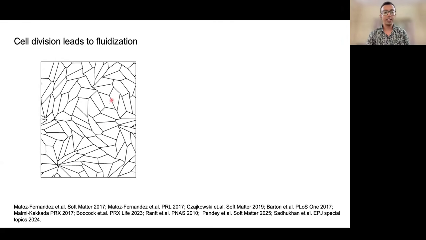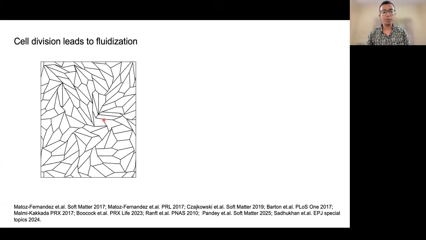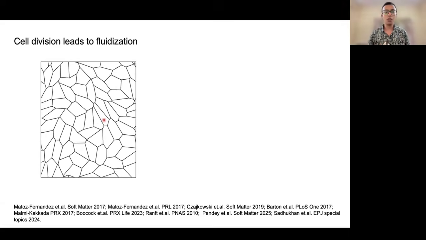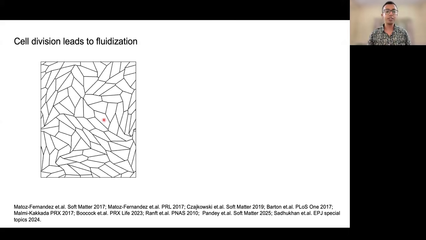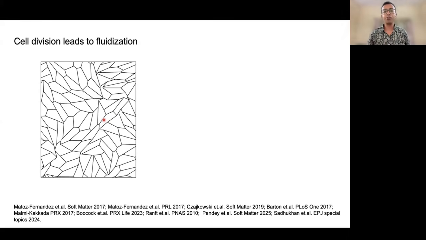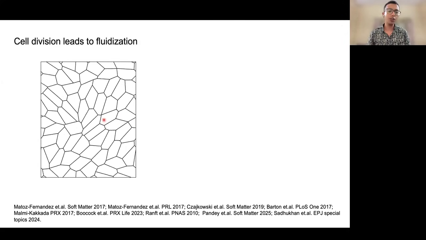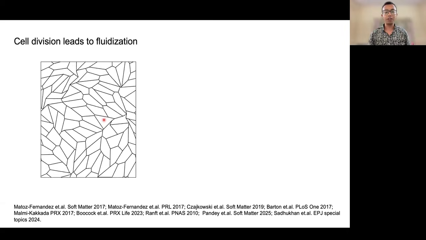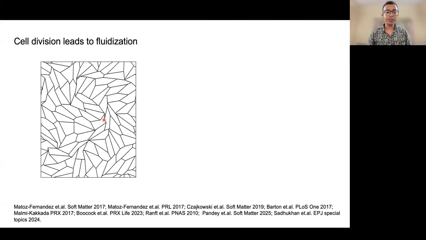As you can clearly see, as the cell density progresses, the system eventually becomes vortex-like and flowing. So what that tells you is that cell division essentially leads to fluidization in any of these systems. And it doesn't matter which point you choose in the parameter space that I have just shown you, it will always lead to fluidization. There is a very interesting reason why this happens, but I'll come back to it later.